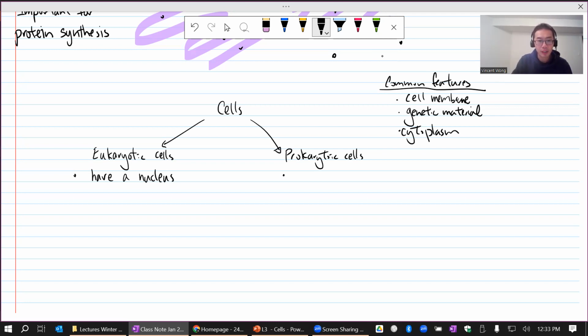So for the prokaryote, no nucleus. Eukaryotic cells tend to be bigger and more complex, whereas prokaryotic cells are smaller and simpler.